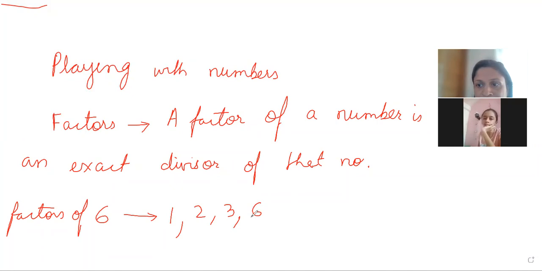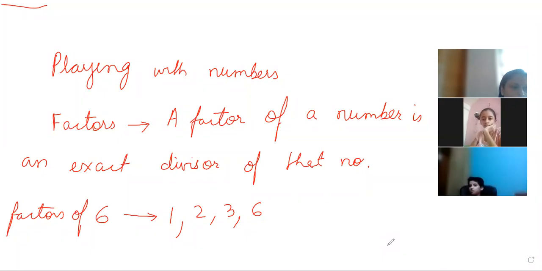Okay, so have you got the understanding of the definition of factor? Please write it down, then we will practice factors today. Please write down the definition and confirm if you have written. Hirday, have you written the definition? Yes, ma'am.